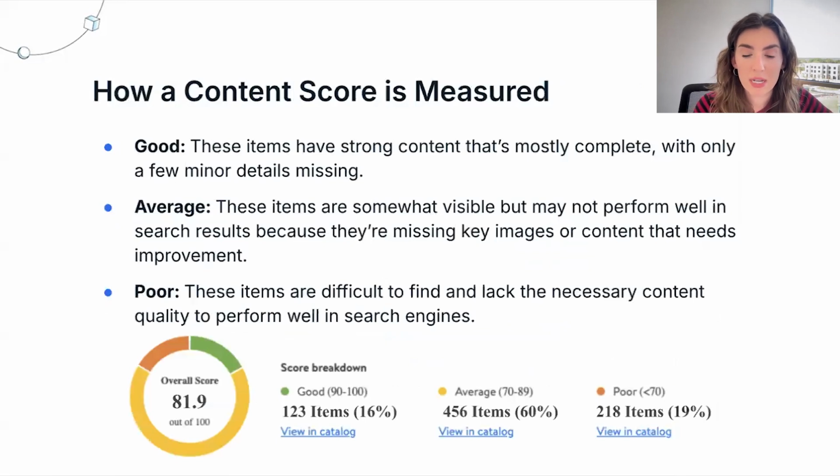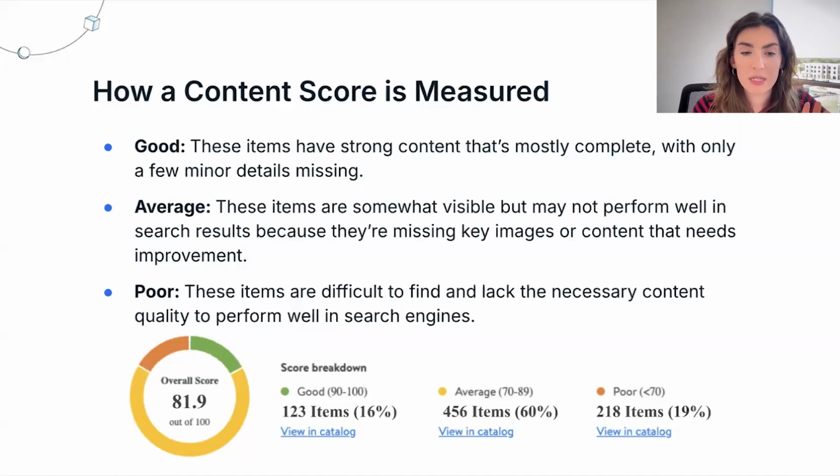Most of their items are in that average range, which means they probably could go add some attributes or some additional information to just boost that score. And then they have 218 items in that poor category. These items are going to be difficult to find or lack necessary content to perform well in search engines or with SEO. So that makes sense.